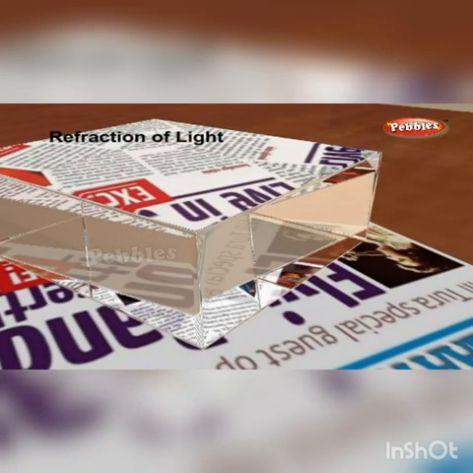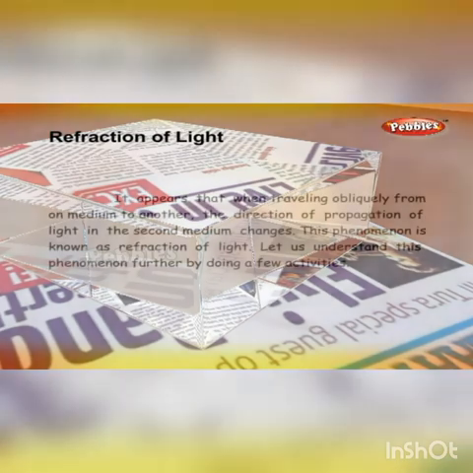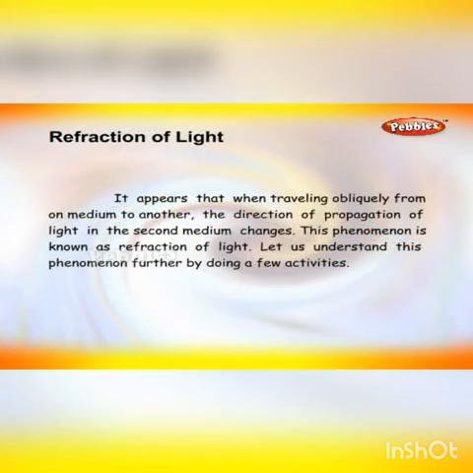You will find that the extent of the effect is different for a different pair of media. These observations indicate that light does not travel in the same direction in all media. It appears that when traveling obliquely from one medium to another, the direction of propagation of light in the second medium changes. This phenomenon is known as refraction of light.